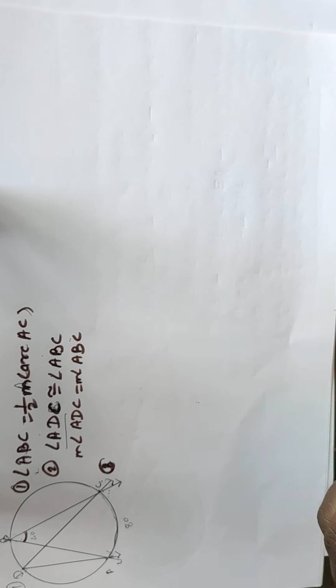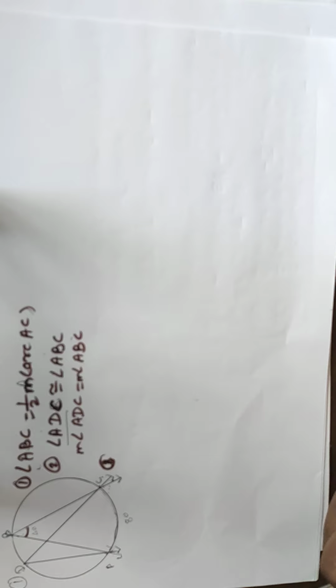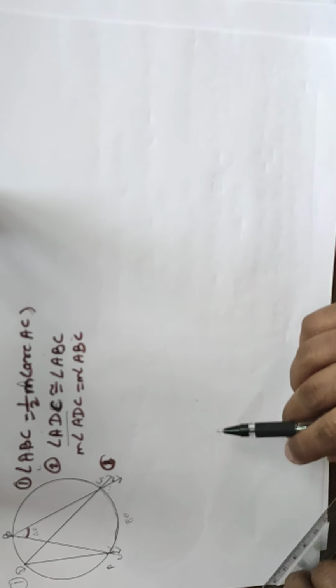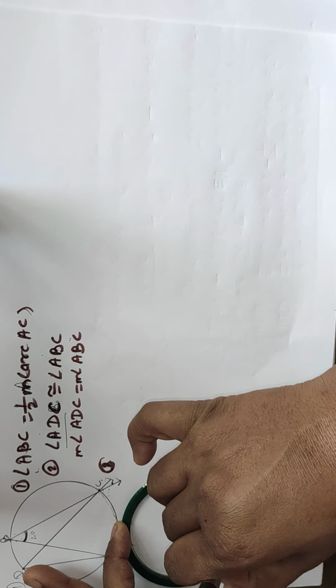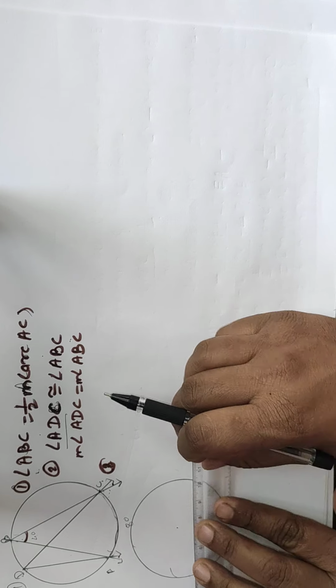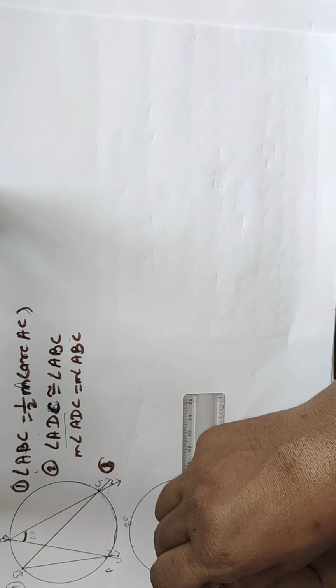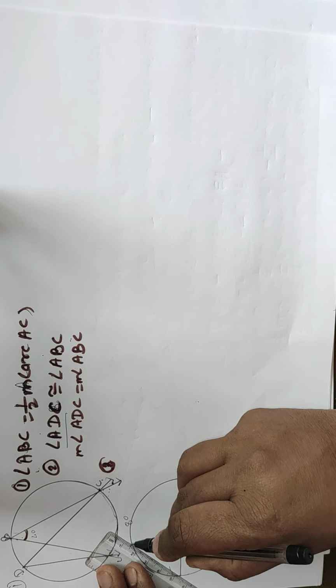Now the next point: angles inscribed in a semicircle are right angles. For that, suppose this is your circle and this is the diameter of the circle. These points you have to keep in your mind.